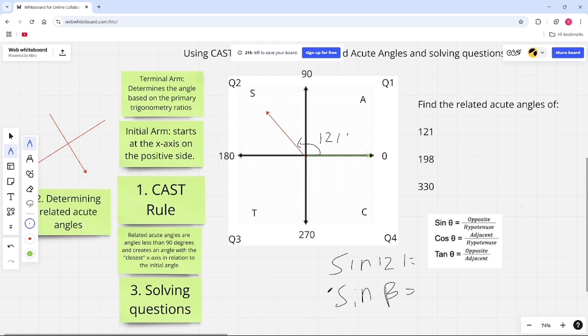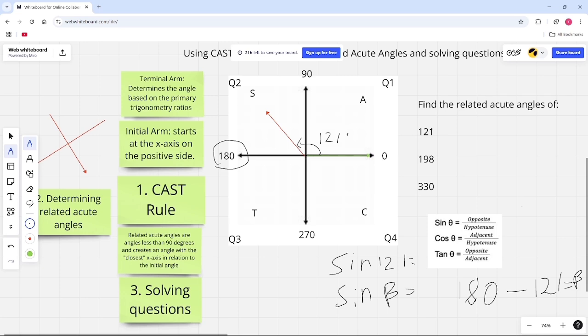Now, how do you find this related acute angle? Well, a simple step is to look at the number 180. All we really need to do is do 180 minus 121, which will give us our related acute angle. So let's try that. I get 59.